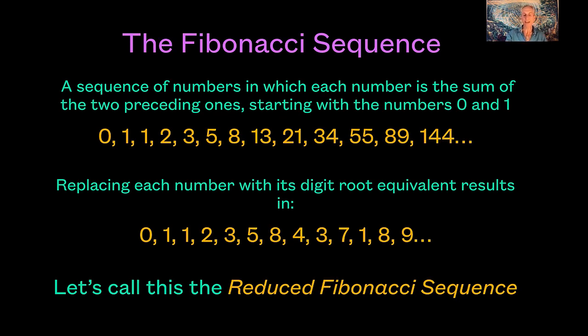We add 3 and 7 together, that gets 10, which is 1. We add 7 and 1 together, that gets 8. So this is just a cool consequence of computing the digital root of a number, that this continues to work. And we call this sequence now the reduced Fibonacci sequence.